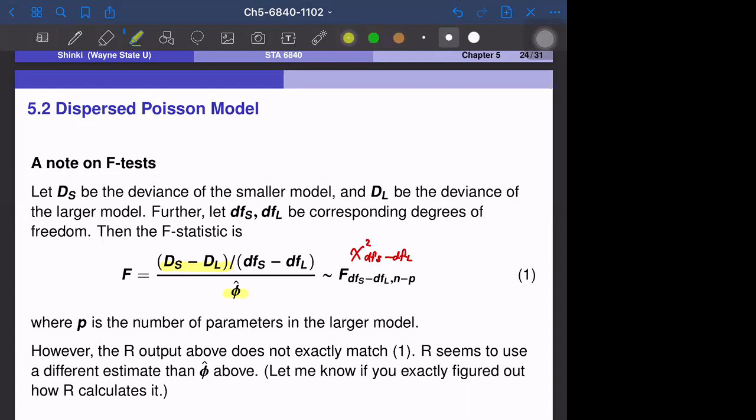Phi hat has degrees of freedom n minus p, because we have n observations and p parameters. If phi is large, then every variance is inflated, so we adjust for this. This follows a chi-square distribution with n minus p degrees of freedom, and the numerator is also chi-square. So we take the ratio to get the F distribution.